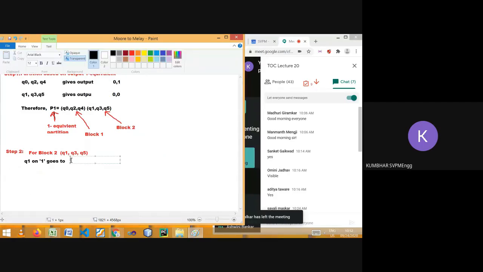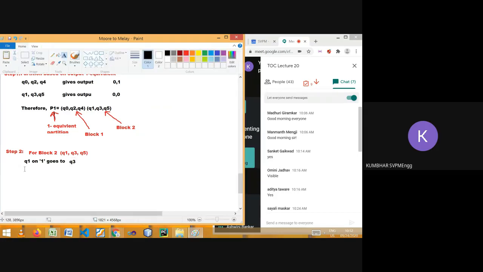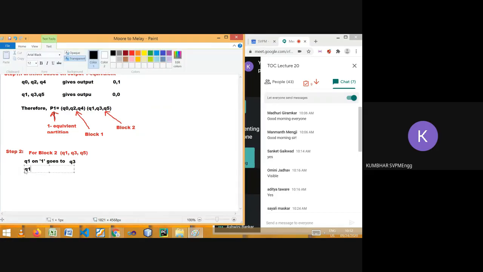This is Q3 and Q1 on 0 goes to Q5. Similarly, if I write for Q3 on 1, where does it go?